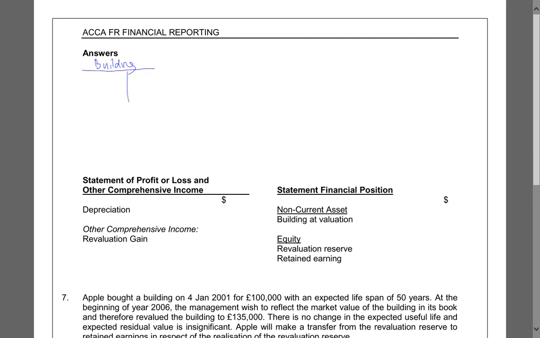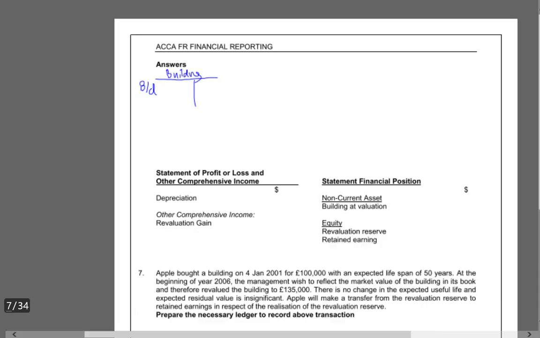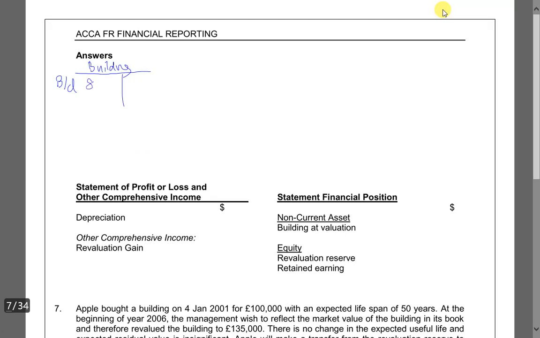Try to squeeze it towards this side, because on the other side I need some space. Building balance brought down is 80, accumulated 16. Net book value 64.